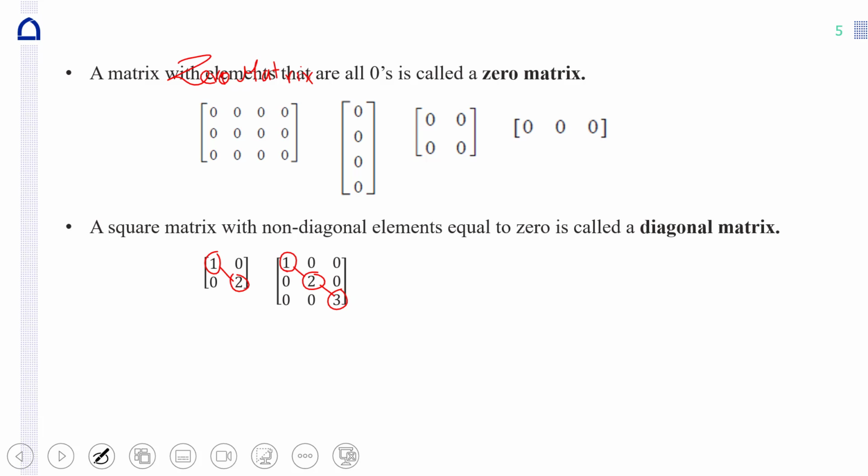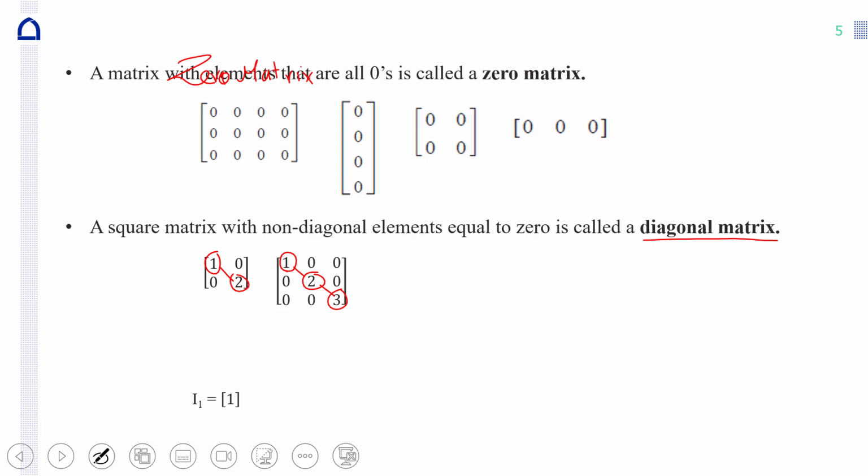So all the elements in your main diagonal are different from 0, or maybe one of them may be 0, no problem, but not all of them are zeros. But the rest of the elements in the matrix are 0.